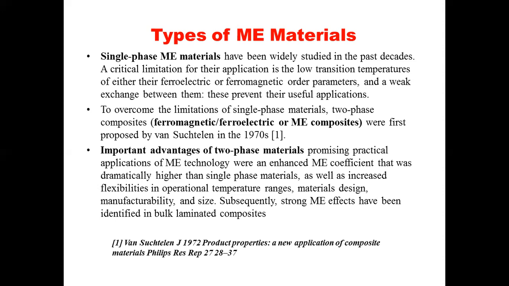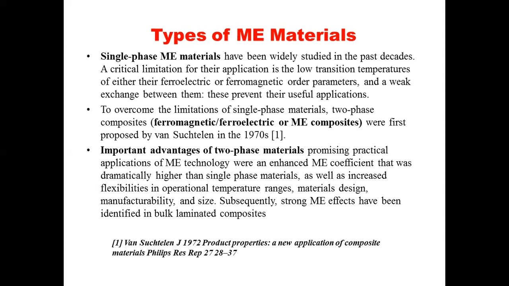The important advantages of these two-phase materials, or magnetoelectric composite materials, are that they have an enhanced ME coefficient, that is, very high values of the magnetoelectric voltage coefficient were found in these ME composite materials.